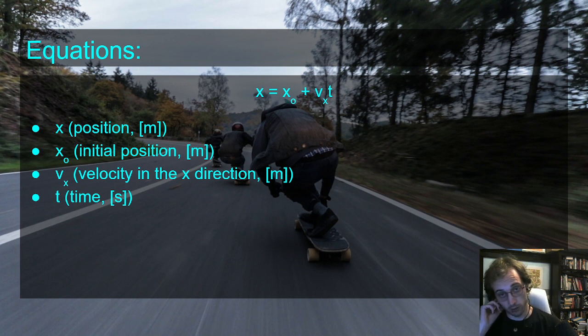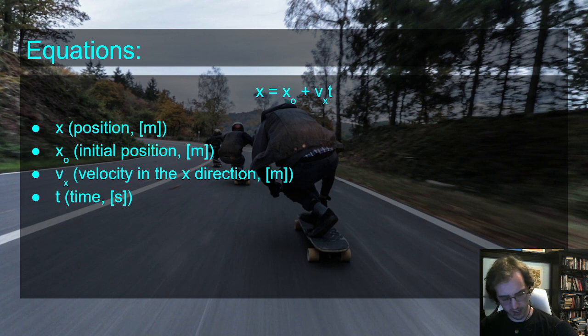The equation for how something will travel at a constant velocity is that your position is going to be equal to your initial position where you started, x naught, plus vx, meaning the velocity in the x direction, times time, t. This is the nomenclature from the AP Physics 1 sheet, so that's why I'm using it.